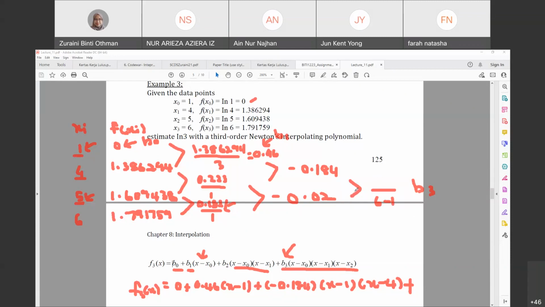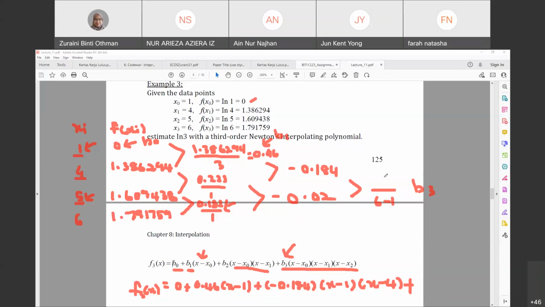Nampak tak kat sini, the parent root dia yang bawah sekali akan pergi ke 6, right? And yang atas ni akan pergi ke B0, which is 1.